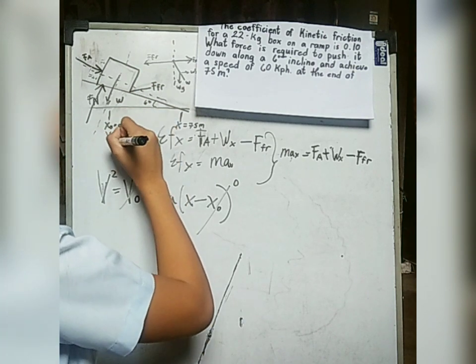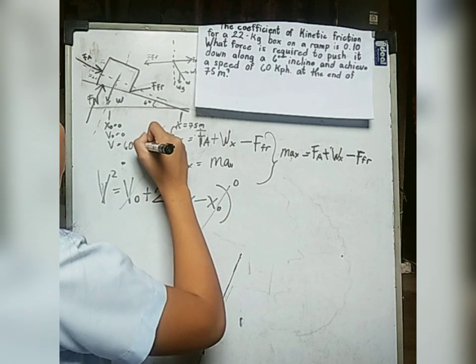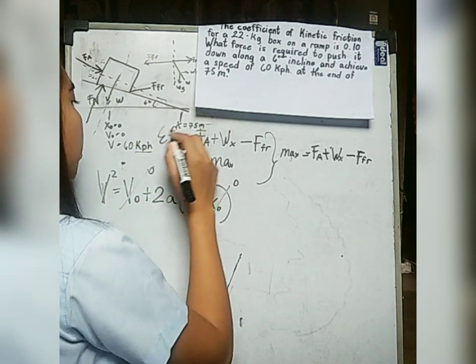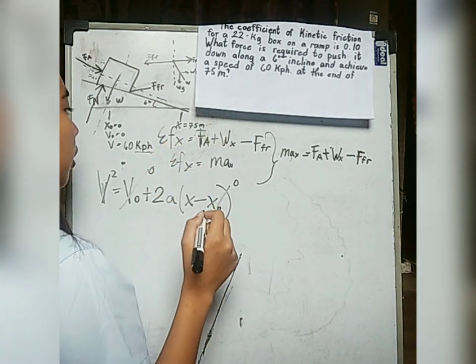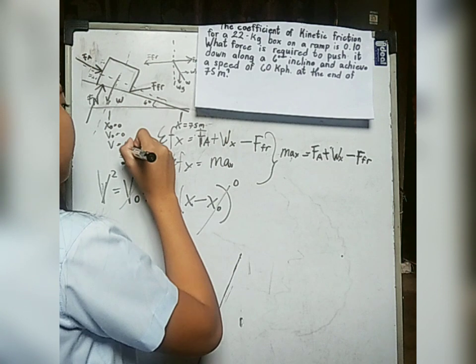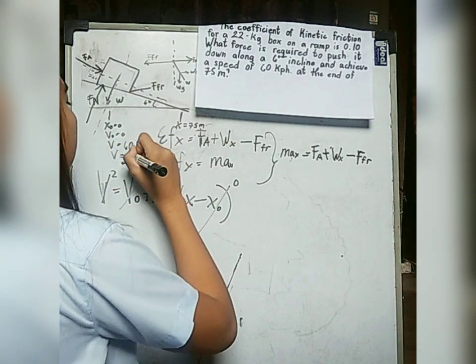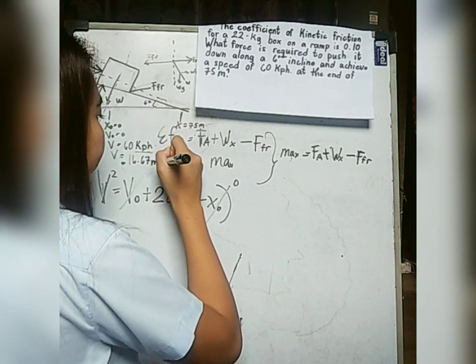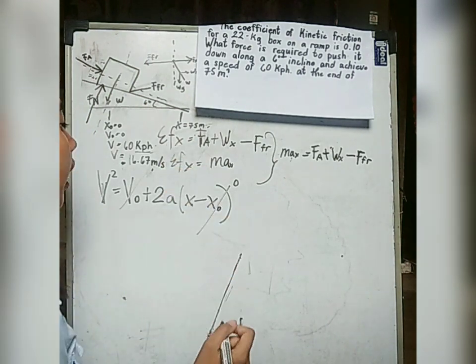And yung velocity niya is equals to 60 km per hour. So, hindi natin sila masasolve kasi magkaiba sila. Ito naka-meter, ito naka-kilometer per hour. So, kung i-convert natin ito, V magiging equal na siya kay 16.67 meter per second. Ayan, parehas silang meter, tsaka naka-second na.